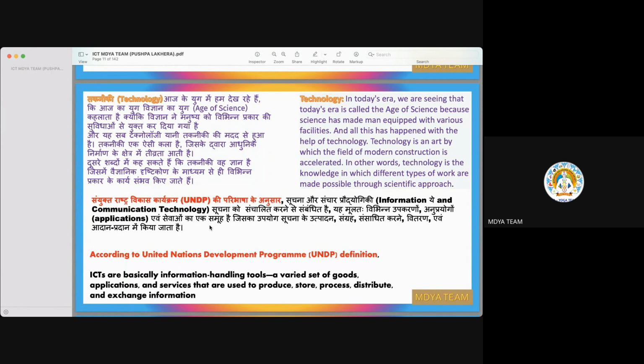Variety of goods, whatever we are using, equipment, that is goods. Applications, how we enable ourselves to get good information and knowledge to convey to other people. So how we are applying this knowledge to get a particular efficient output from those hardwares.